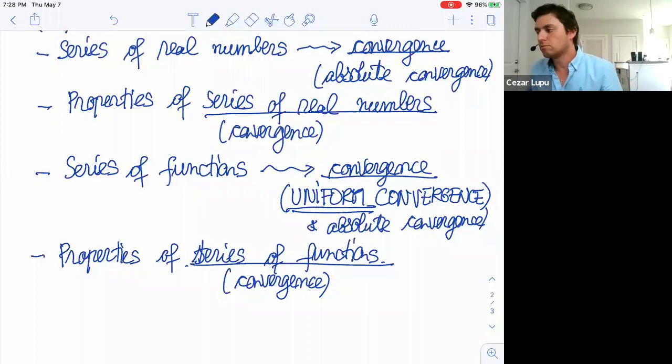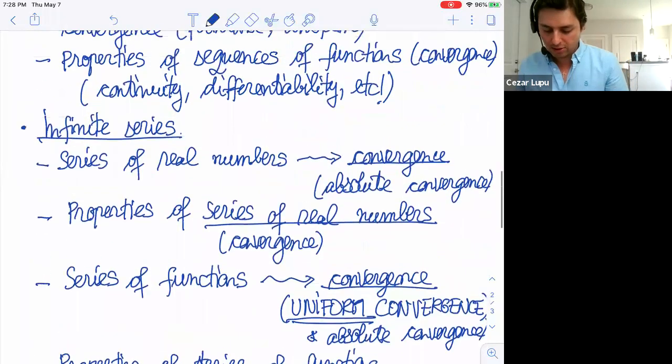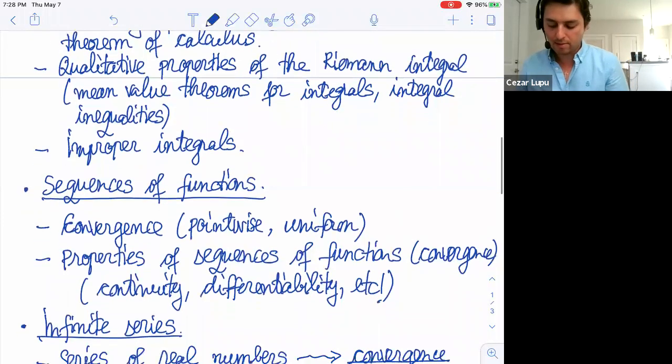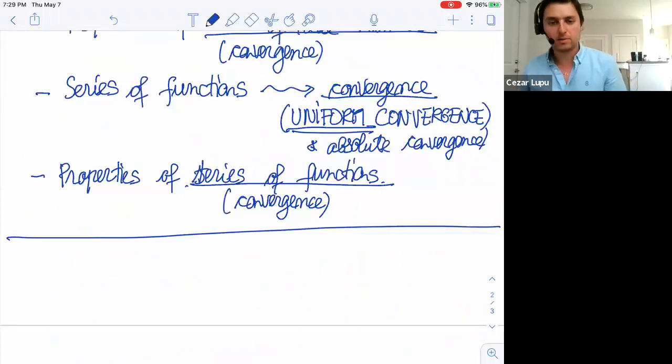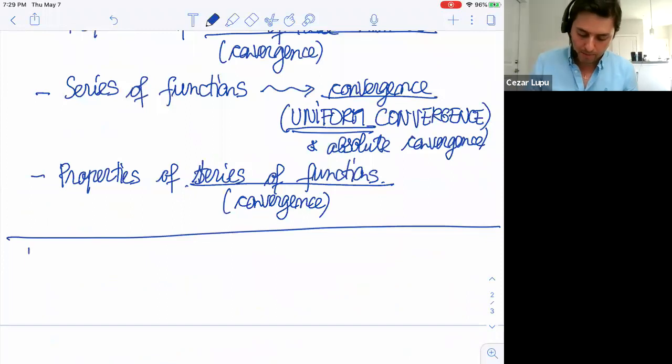Well, I would like to talk about the last 2 chapters more, and I will start with some examples, problems that we will solve.